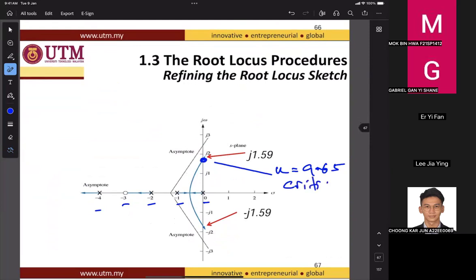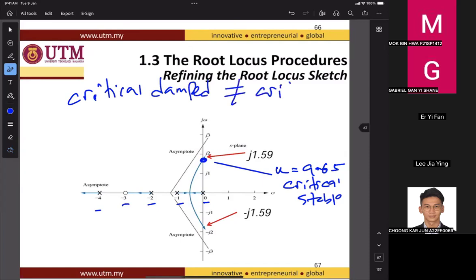Critical. Okay. So critically stable and critically damped are two different things. Most of the students say it's the same. Actually, it's not the same. Please take note, guys.